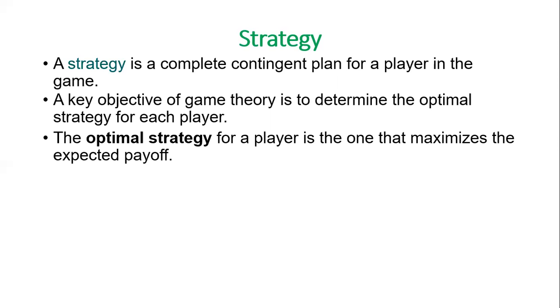We use the term expected payoff because we do not know our payoff with certainty. It is because our payoff is not dependent just on our own actions. And normally, we cannot predict with certainty what move the other player will play.